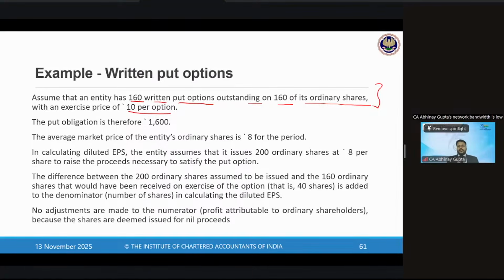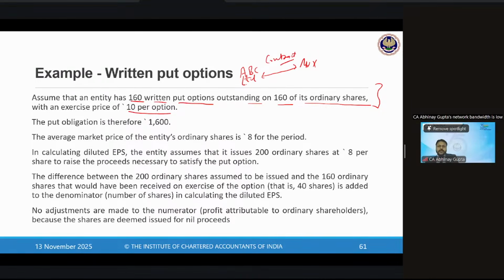other party, right? So there is a company A, that is ABC Limited, for example, right? And Mr. X is the person, right? Now company and Mr. X have entered into a contract, right?